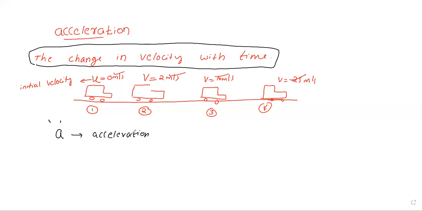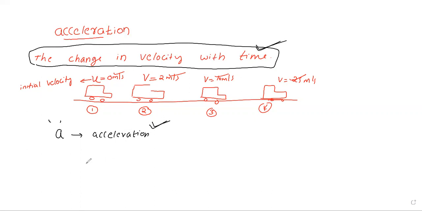So what about the next point? The first point we studied is the definition of acceleration: acceleration is the change in velocity with the time. The second point: acceleration can be represented by the small letter a.